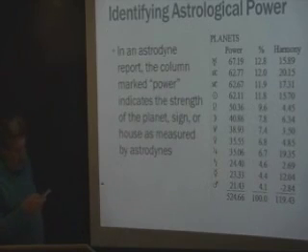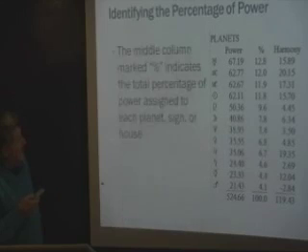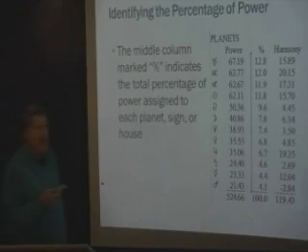So we have a column for power. We have a column for percentage. This is what's most interesting to me, because I like to know the relative relationship of each to one another. In this case, we can see that there are 4 points in this chart of almost equal power, separated by only 1%.